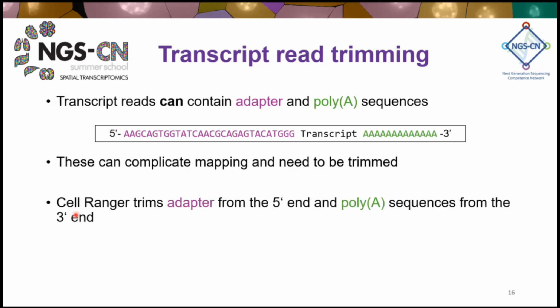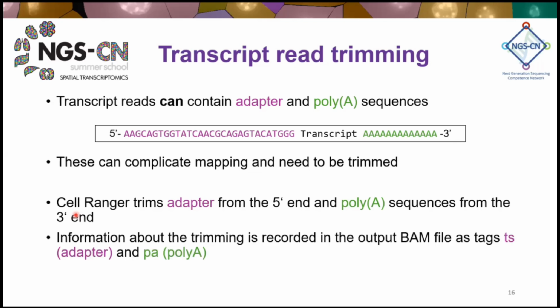And here, Cell Ranger just trims the adapter sequences from the 5' end and poly-A from the 3' end. And this information is not lost. It's also recorded in the output BAM file as certain so-called BAM tags, TS and PA. So when you have the results, you can for each read check what was trimmed.